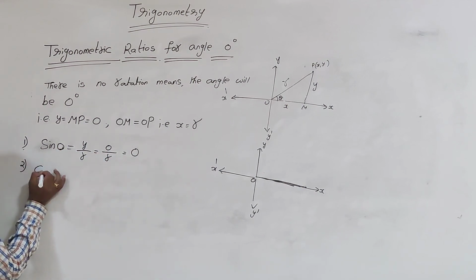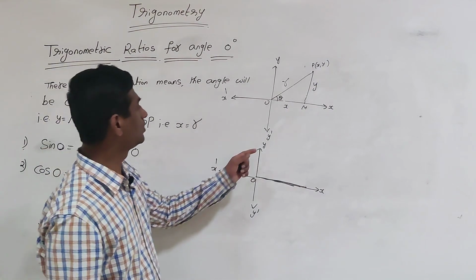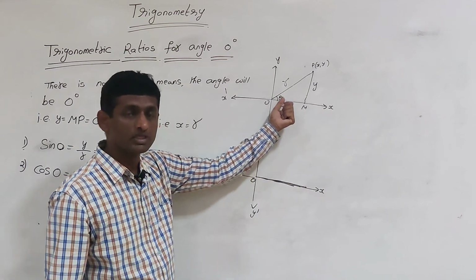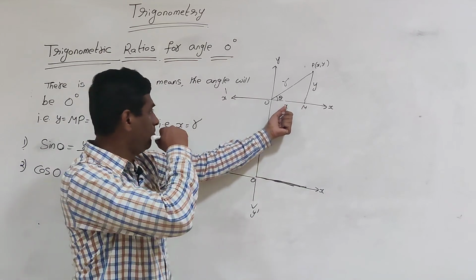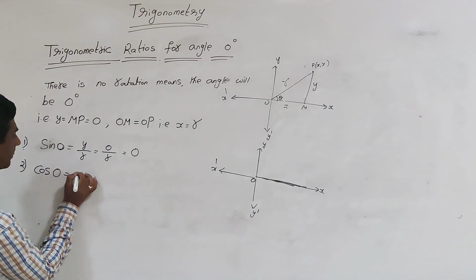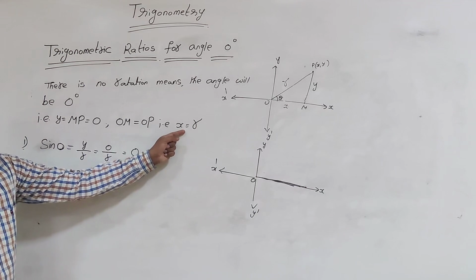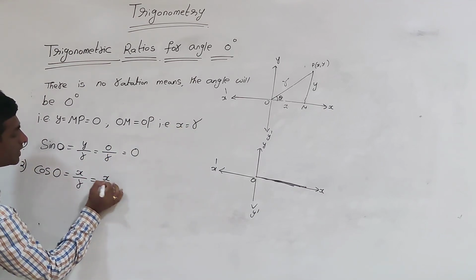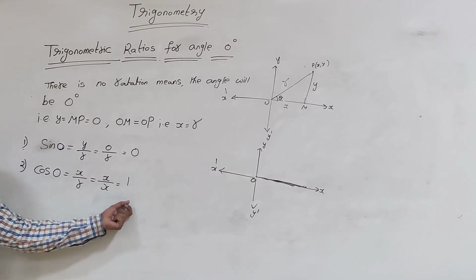Second, cos 0 degrees. As per the standard notation, cos theta is adjacent side of theta by hypotenuse, x by r. But in this case, x and r are equal, so x by x is equal to 1. So cos 0 is always 1.